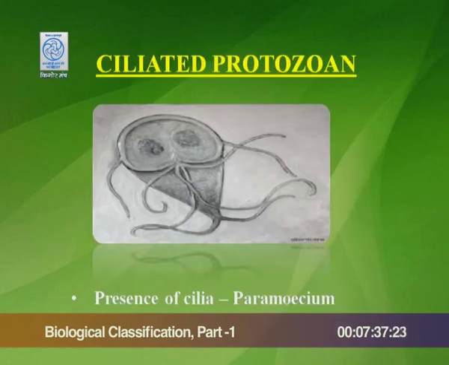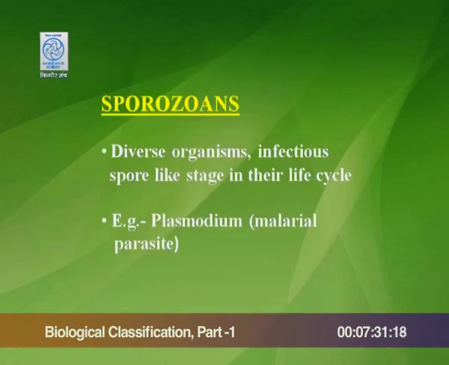Ciliated protozoans have cilia, example Paramecium. The sporozoans are diverse organisms that have an infectious spore-like stage in their life cycle. Example, Plasmodium, which brings about the disease malaria.